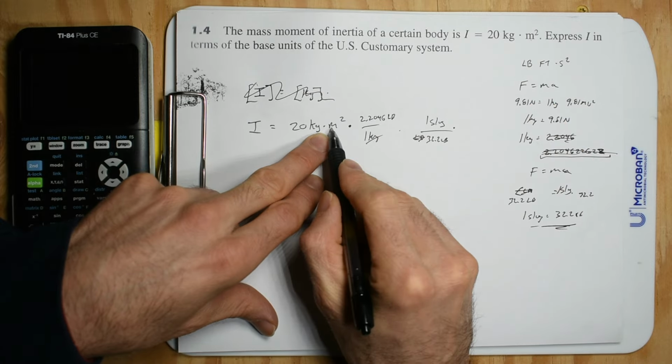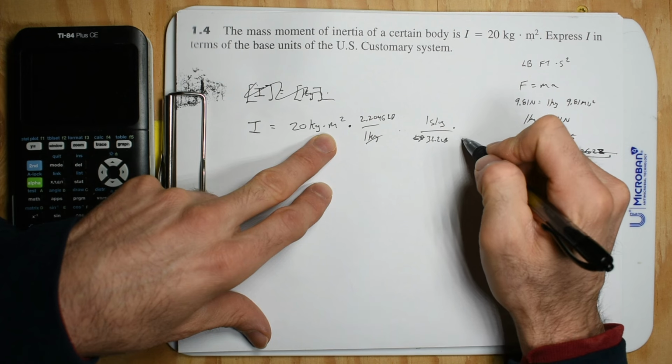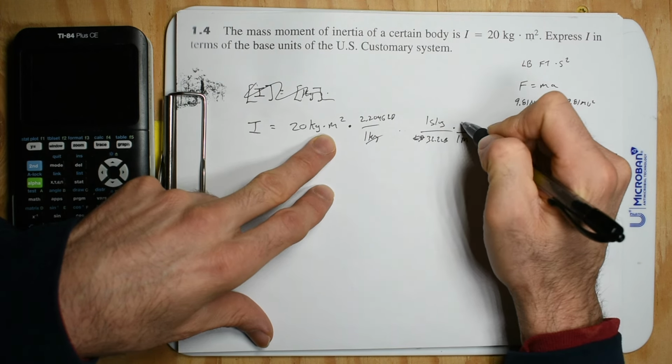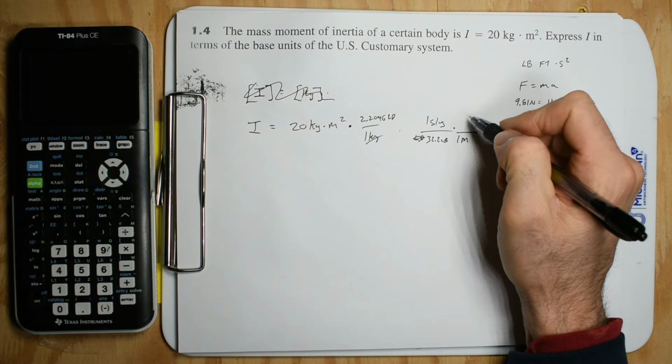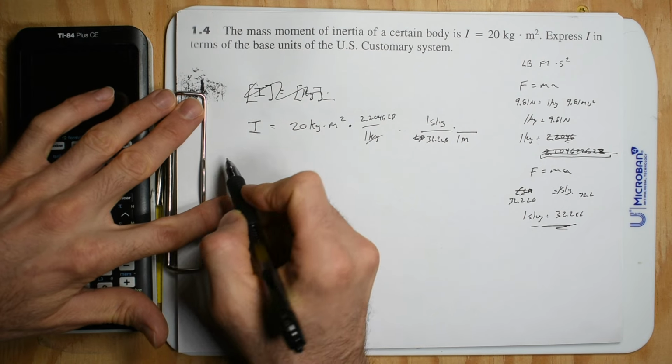So now we have meters squared. And like I said, the way I like to do it is just put meters downstairs once, 1 meter, and then start converting to feet. We've got to get more room on this one.